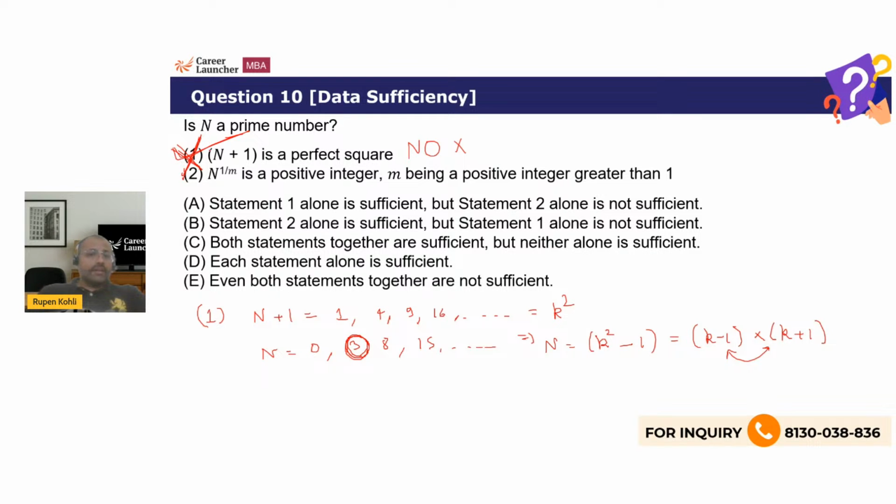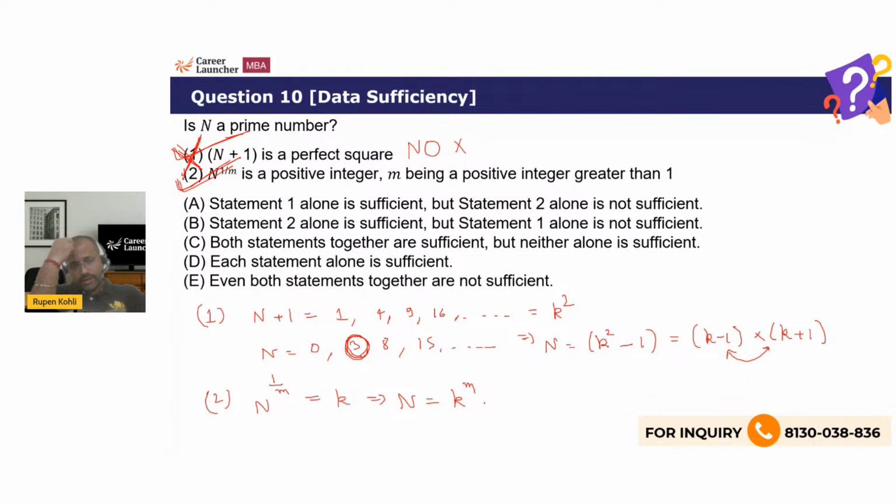So statement 1 is not sufficient, but statement 2 is very much sufficient. So Anant, statement 2 is obviously sufficient because if n raised to the power of 1 by m is a positive integer, let's say k, it means n is k power m. And m is a positive integer greater than 1. Now think about this carefully.